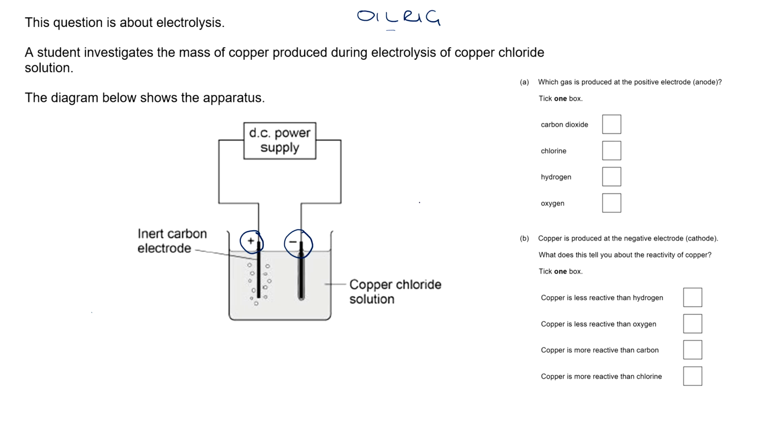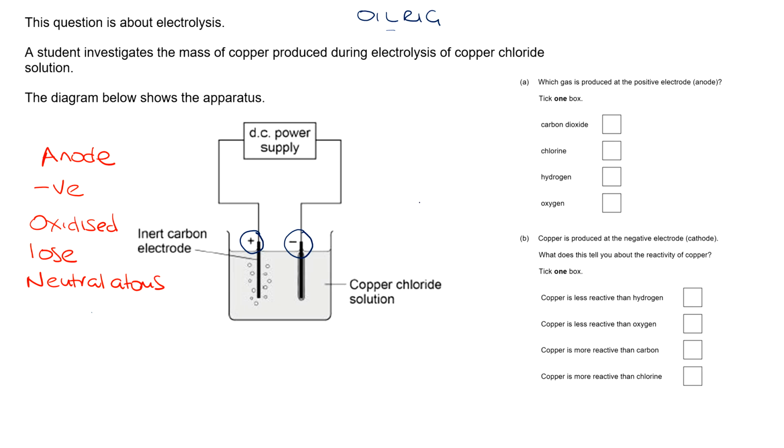The positive electrode is called the anode, and during electrolysis, any of the ions that are attracted, which are obviously negative, are oxidized. That means that they lose their electrons, and in losing their electrons, they are restored to neutral atoms.